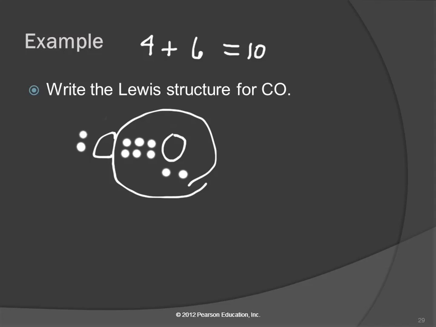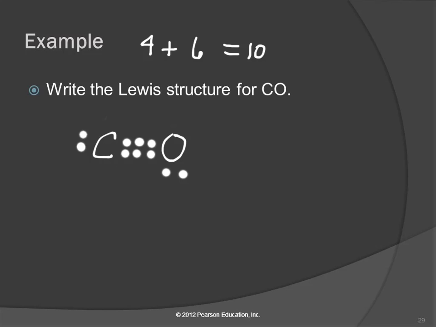Because there's various ways to find out what kind of a bond is between the carbon and the oxygen in carbon monoxide, and we can experimentally verify that it is a triple bond. But how would you know that just by looking at the elements on the periodic table? Well, Lewis theory is what helps us to predict that carbon monoxide has a triple bond.